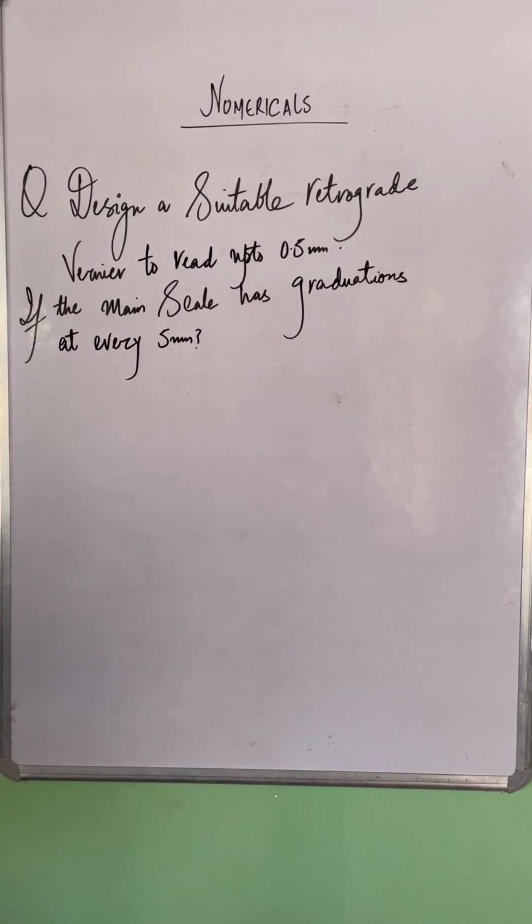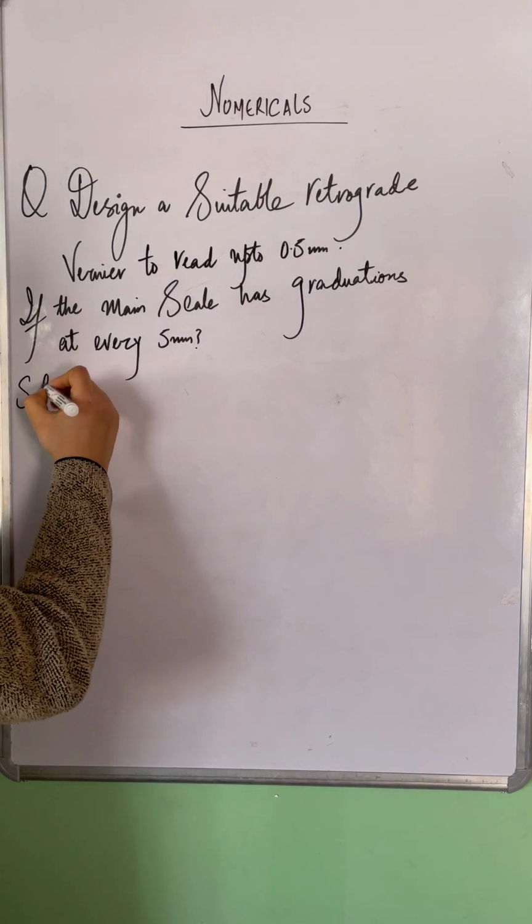So the question is, design a suitable retrograde vernier to read up to 0.5 mm if the main scale has graduations at every 5 mm. Let's try to solve it.